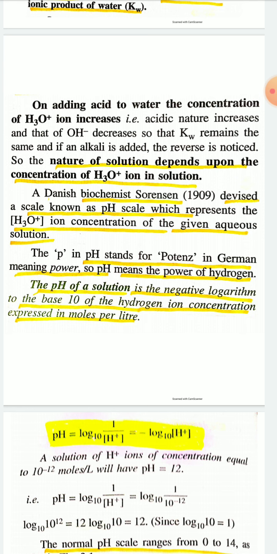So pH is the negative logarithm to the base 10 of the hydrogen ion concentration, that is pH = -log10[H+], and the concentration of H+ in the solution is expressed in mole per liter.